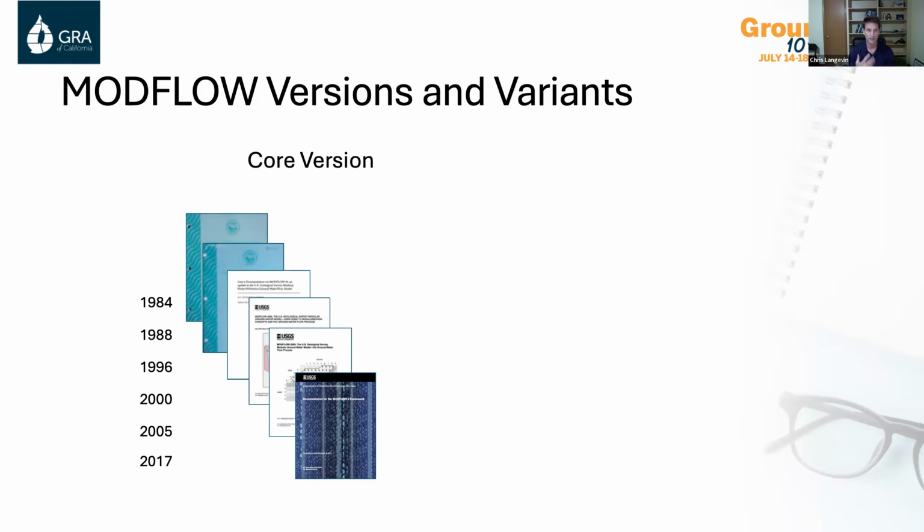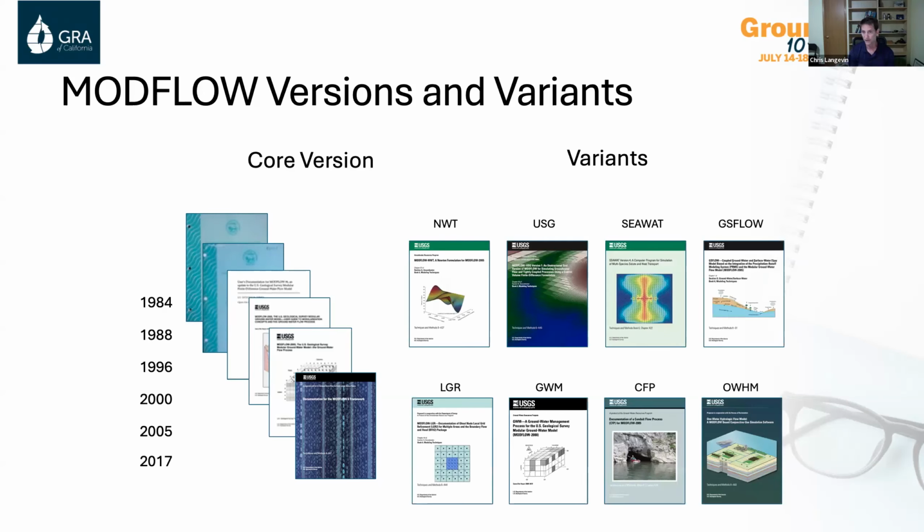And so we see these as the core versions, the enterprise versions of MODFLOW developed by the USGS. But there are also lots of other variants that many of you are going to be familiar with. There's MODFLOW-NWT, which is very popular, perhaps even more popular than MODFLOW-2005 now, or even MODFLOW 6 for that matter. There's MODFLOW-USG, which many people are familiar with and use, I know in California, quite a bit.